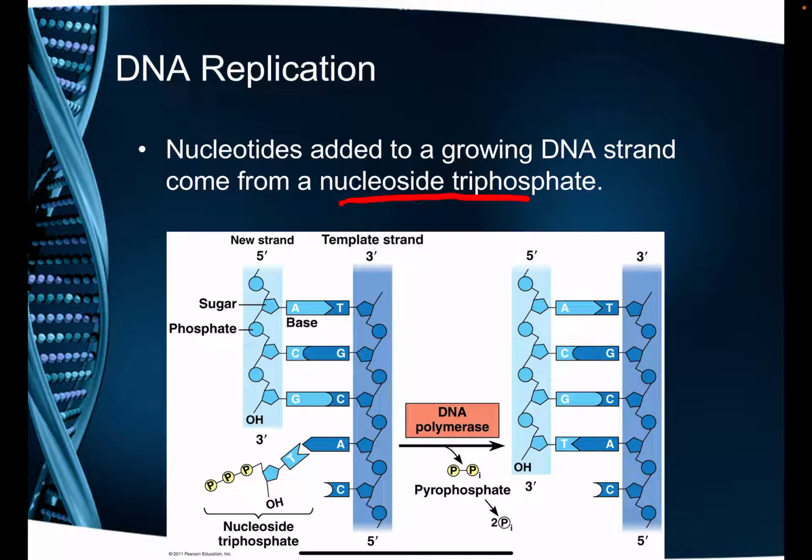This is an important term, nucleoside triphosphate. So that is basically the new bases that are coming in are called nucleoside triphosphates. Here's our template strand. We're reading TGCAC. And the triphosphate is bringing that new base in to connect and replicate the DNA, okay? Job of DNA polymerase, okay?